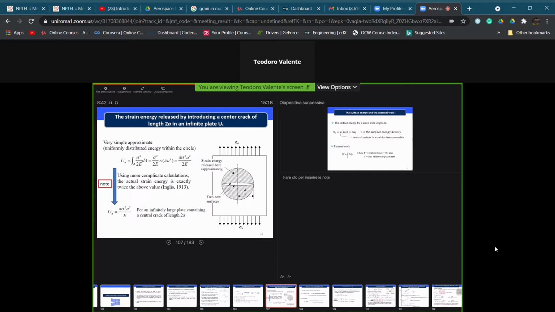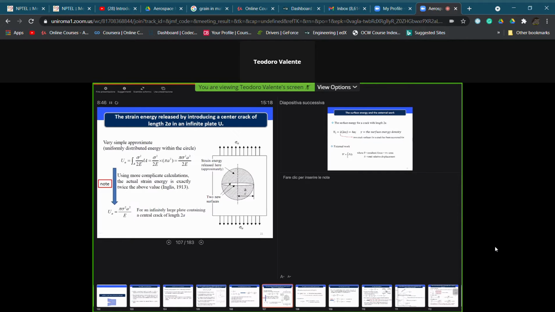With a very simple approximation, we can also define, then we have also more sophisticated evaluation methods.